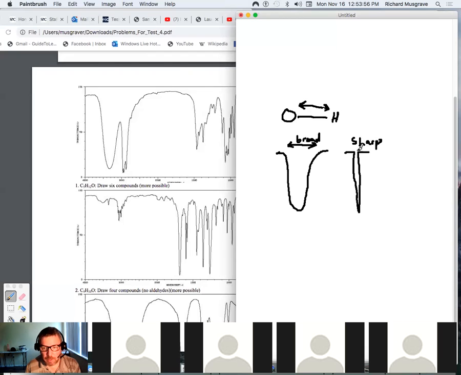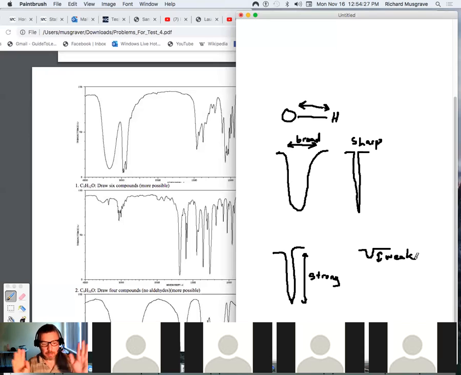So even this general shape of peak is important. And then we've got strong, which means it comes down a long way. And then we've got this one here, which would be weak. So we look at how broad or how wide the peak is, and we also look at how far it comes down.